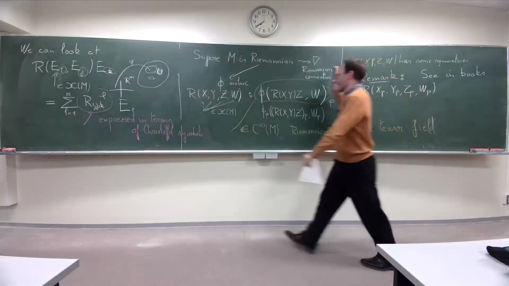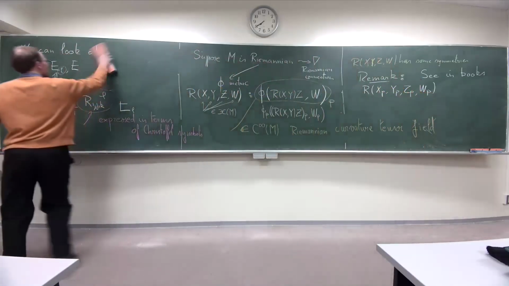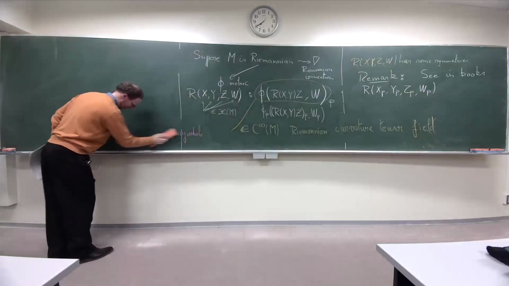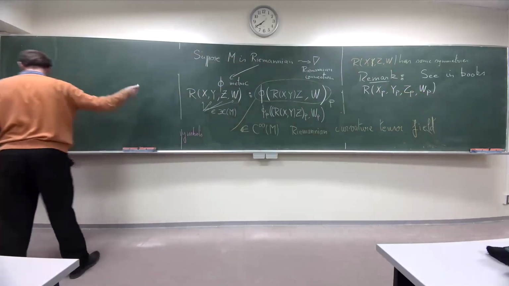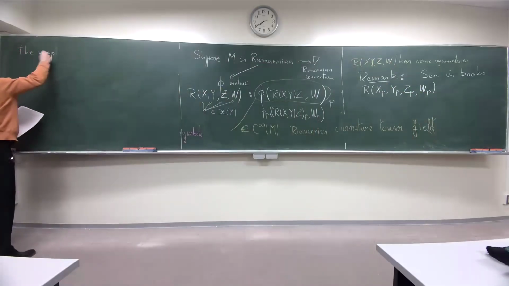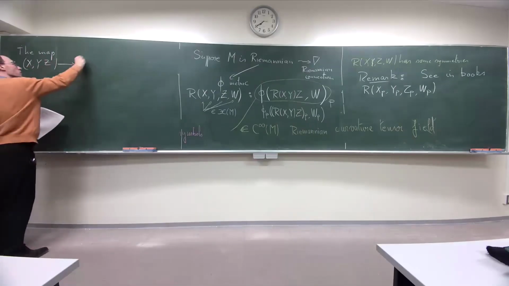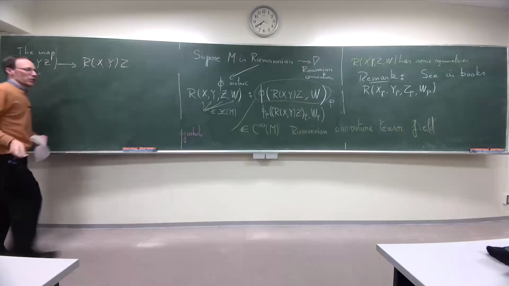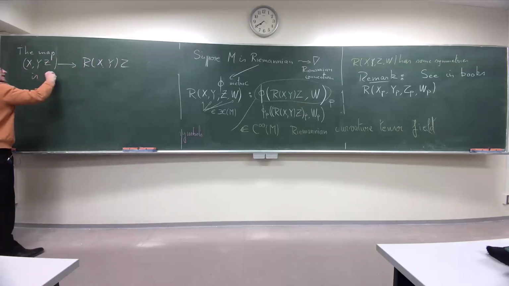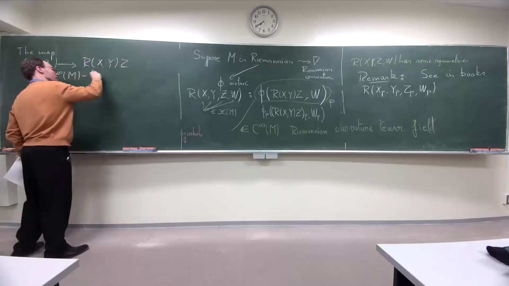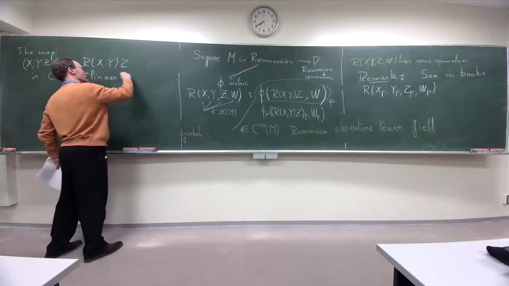So this remark is important, and in the notes, I put a reference. We already mentioned the map: if you take X, Y, Z goes to R of X, Y applied to Z, we have seen that it is C infinity of M linear in each argument.